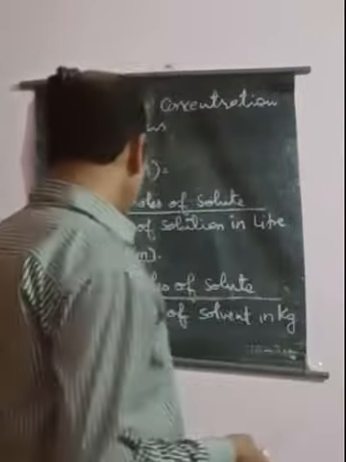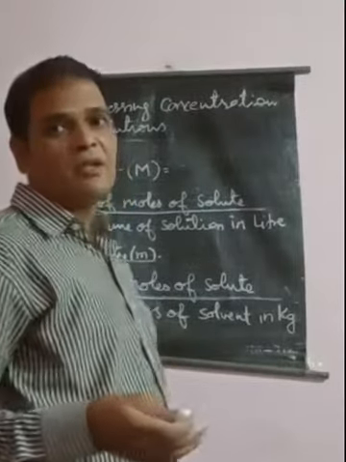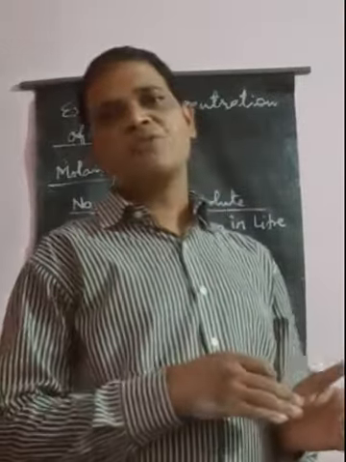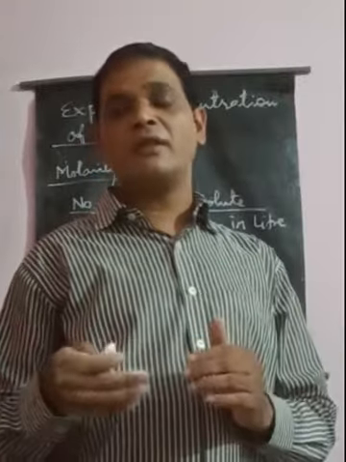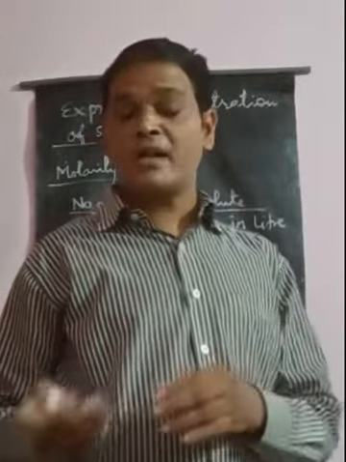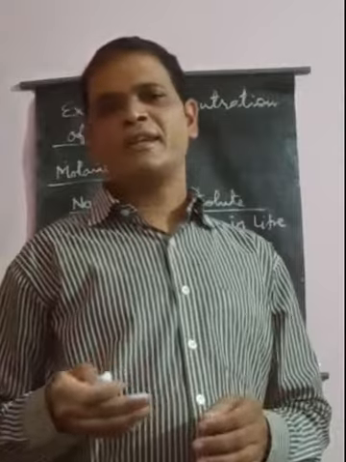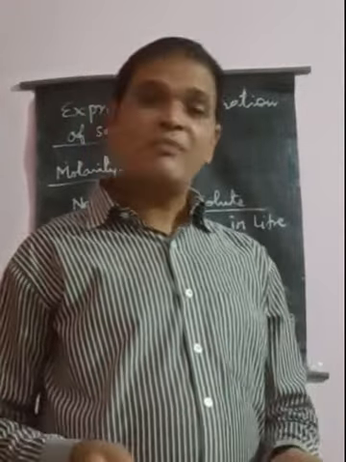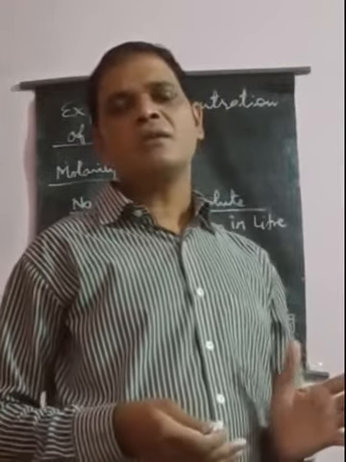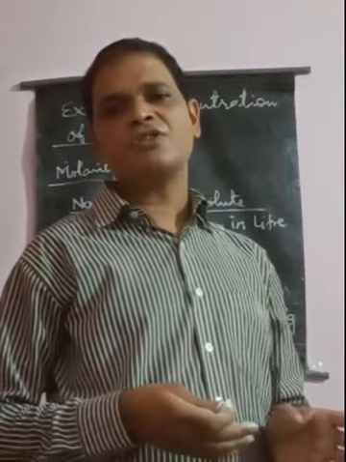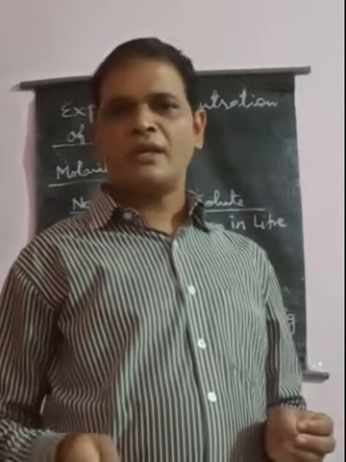So if you dissolve 58.5 gram of NaCl in water, it means 58.5 gram of NaCl is present in 1 kilogram of the water. That is the concentration. We will calculate it also in the next video. Thank you.